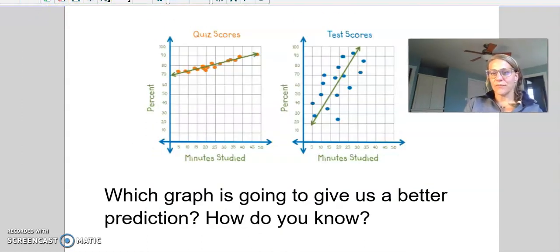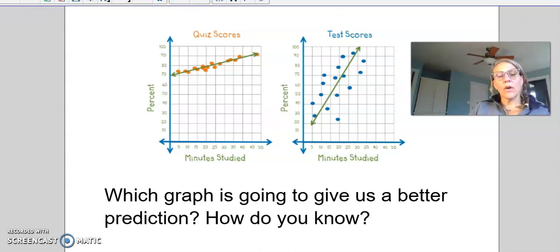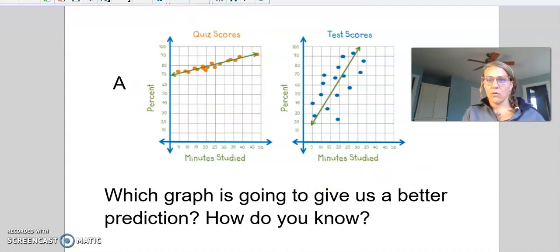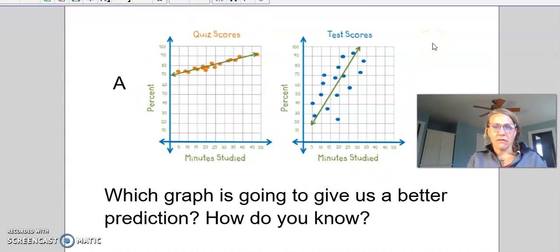All right, so quick quiz here. Which graph is going to give us a better prediction? Graph A with our quiz scores, or graph B with our test? Go ahead and answer now.